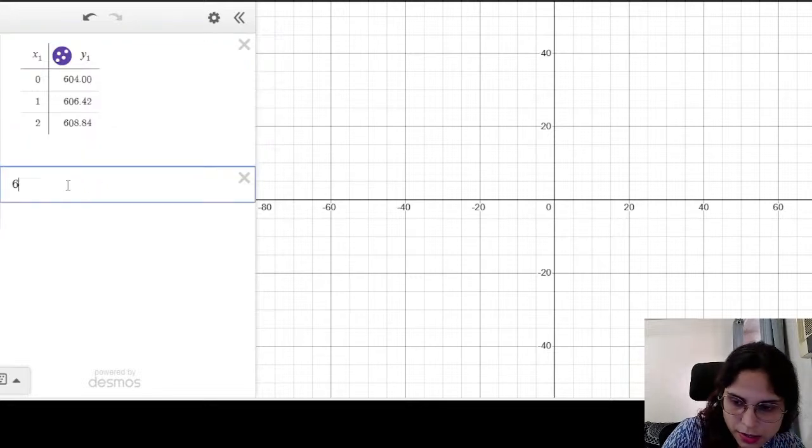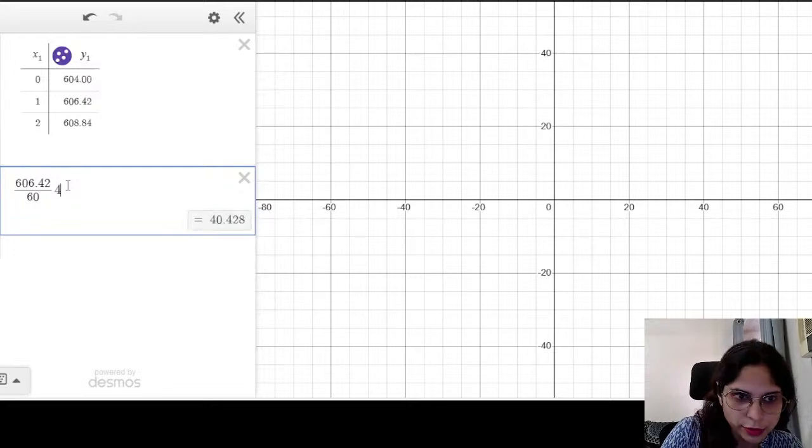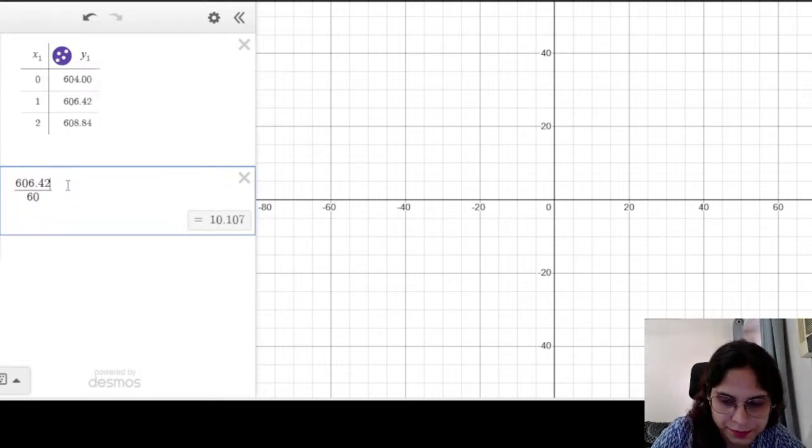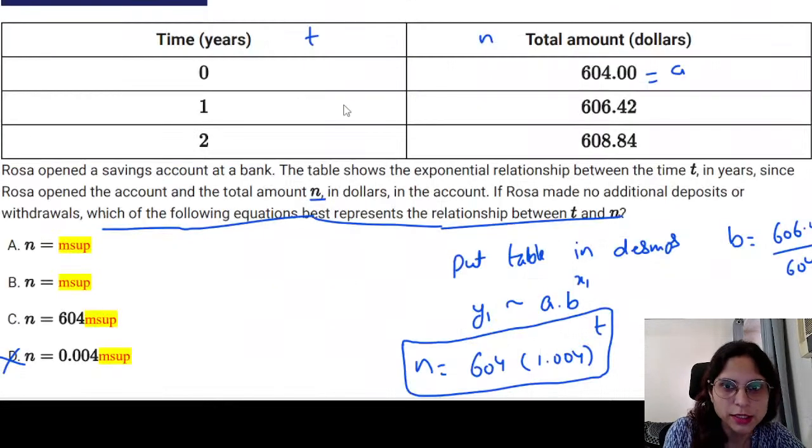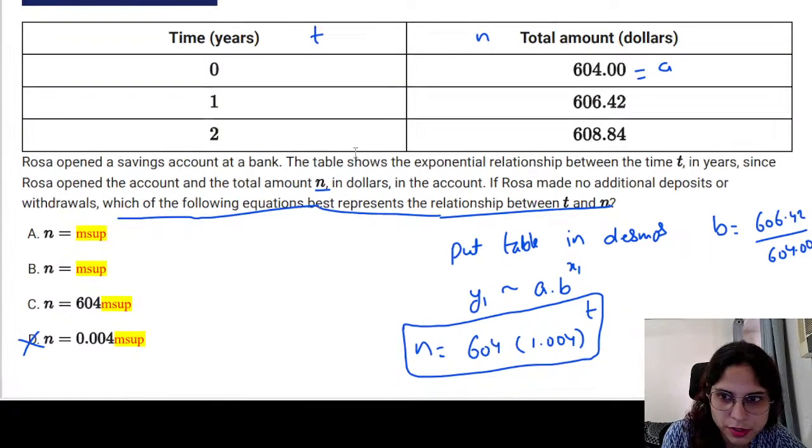So your b is 606.42 divided by 604. You will get 1.004. From here also, you can do that. You can divide the values of y, because in exponential you are continuously multiplying. And I will just make it a little smaller so that now you can see everything.